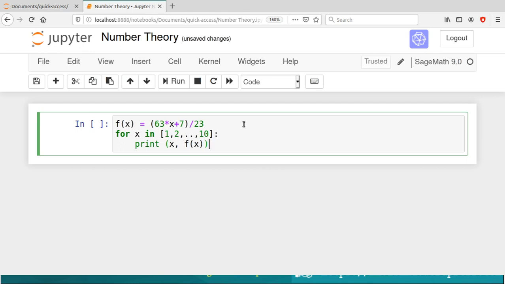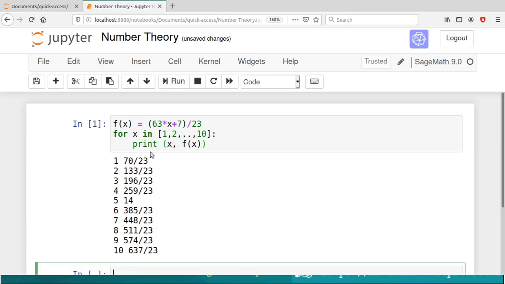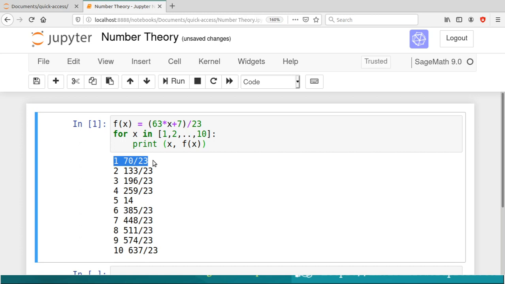Let me see what is the result. I'm going to run Sage Math. Okay, so I'm getting the numbers to be 1 and 70 by 23. This is exactly the same thing that we got when we tried the computation manually, and after that 133 by 23, this is also a rational number.